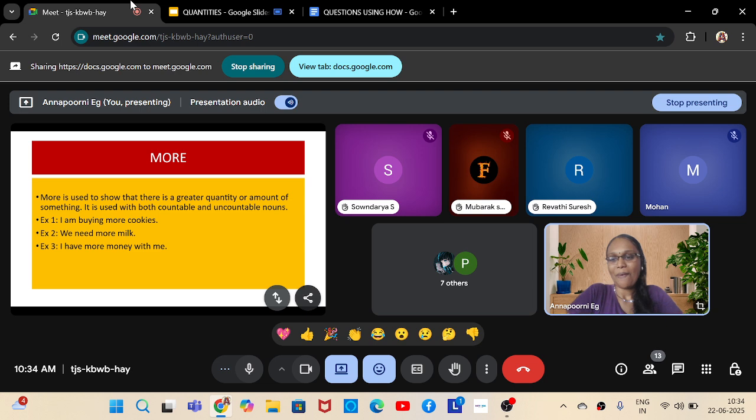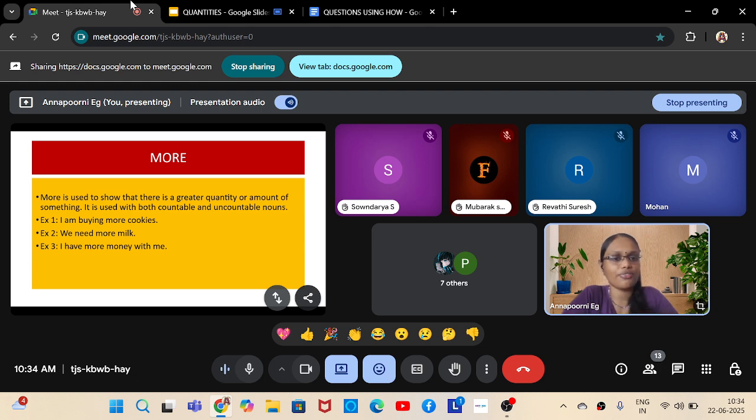Okay, thank you. So here you can see I am buying more cookies. Cookies is of course countable and you are using more. What are cookies, Abhiksha? What are they? We don't say cookies.